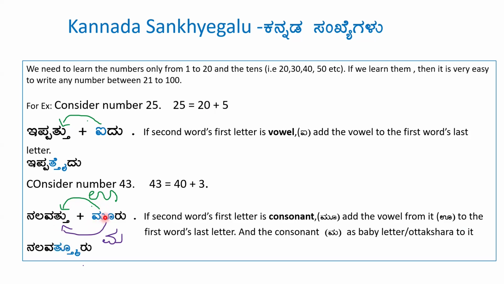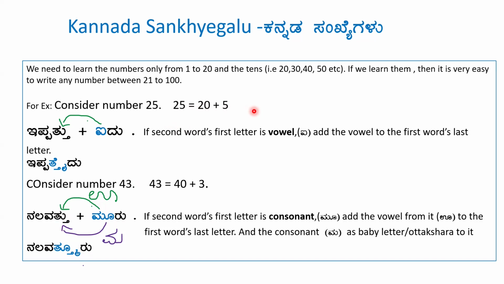And the Vyanjan itself is put down as a baby letter. So, the matra will go to the top, and the Vyanjan will come down as a baby letter. So, Nalvattumuru. Similarly, you can write any number from 21 to 99 in this way. This is an easy way of writing numbers between 21 to 99 without by-hearting them.